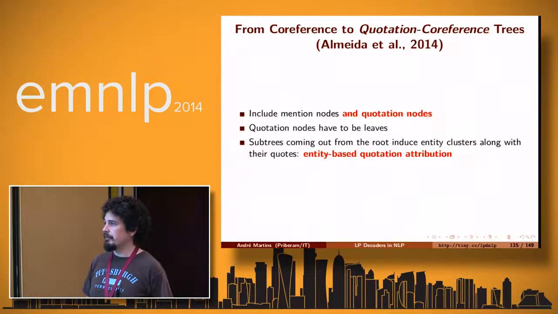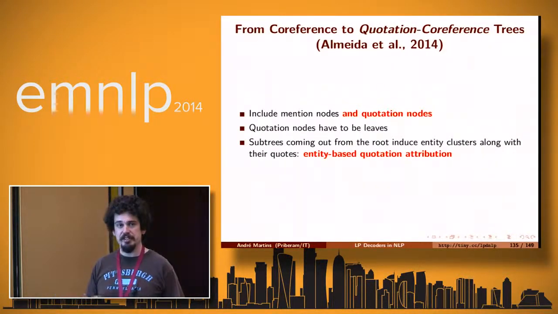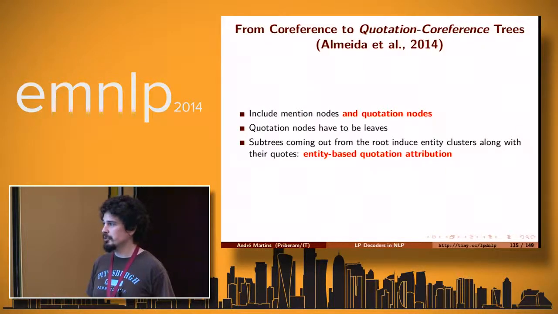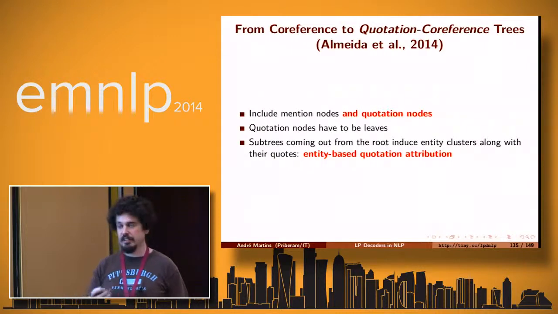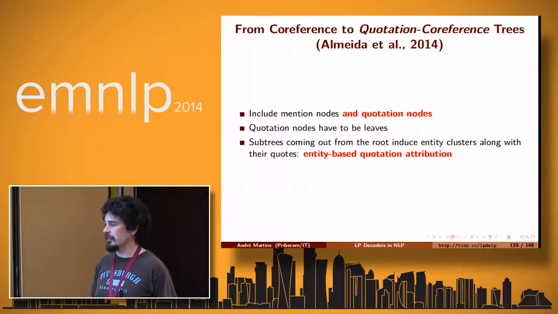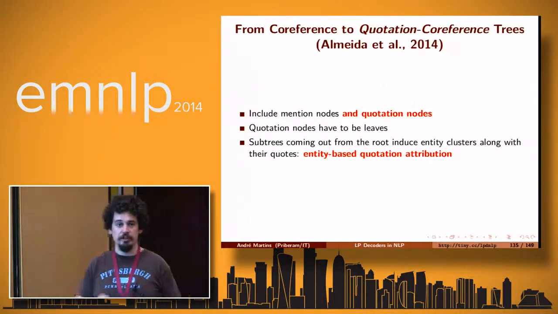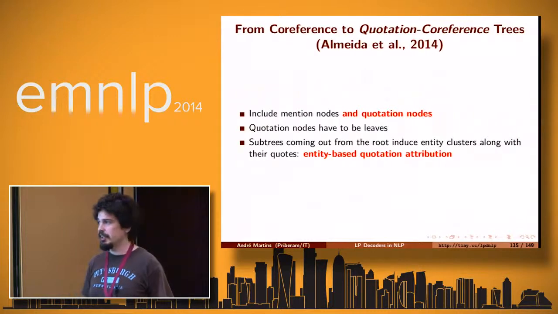Now, if you look at the subtrees that come out from the roots, we can at the same time get the entities and get the entities that are authors of a quotation. So instead of just defining the author of a quotation to be a particular mention, we get the entire entity that is the author of the quotation.